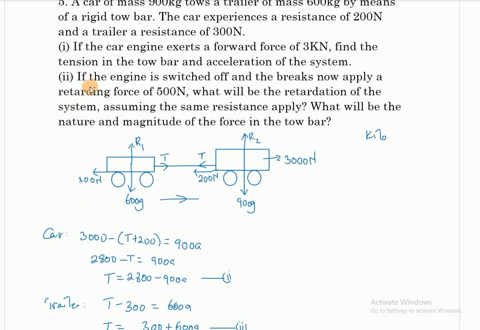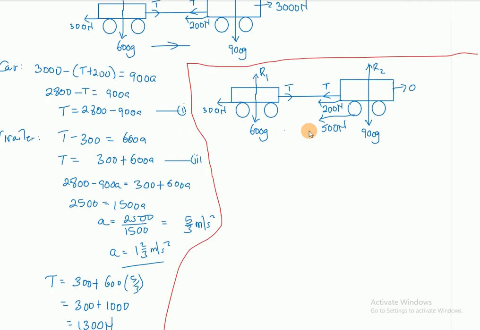Then Roman 2 is saying that if the engine is switched off and the brakes now apply a retarding force, so this is now Roman 2.